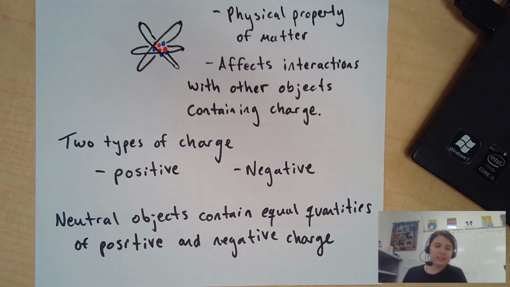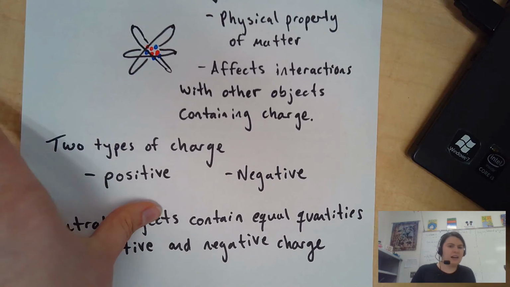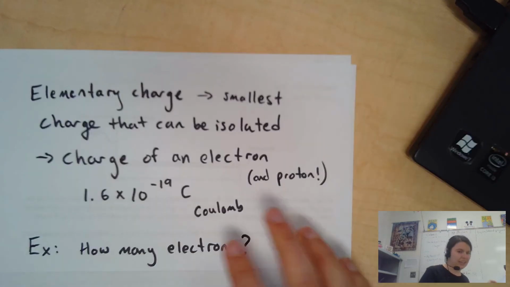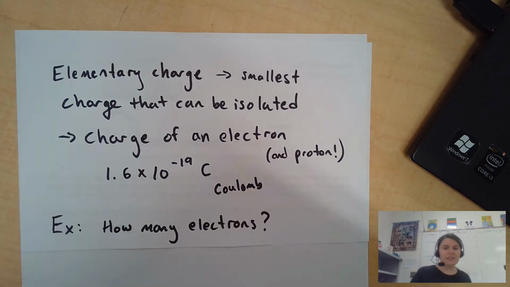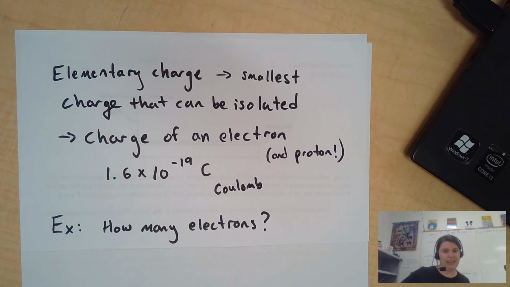So a little bit deeper into what charge is fundamentally, we're going to talk about what's called the elementary charge. This is the smallest charge that can be isolated, and it just happens to be the charge of an electron, which conveniently is also the charge of a proton.